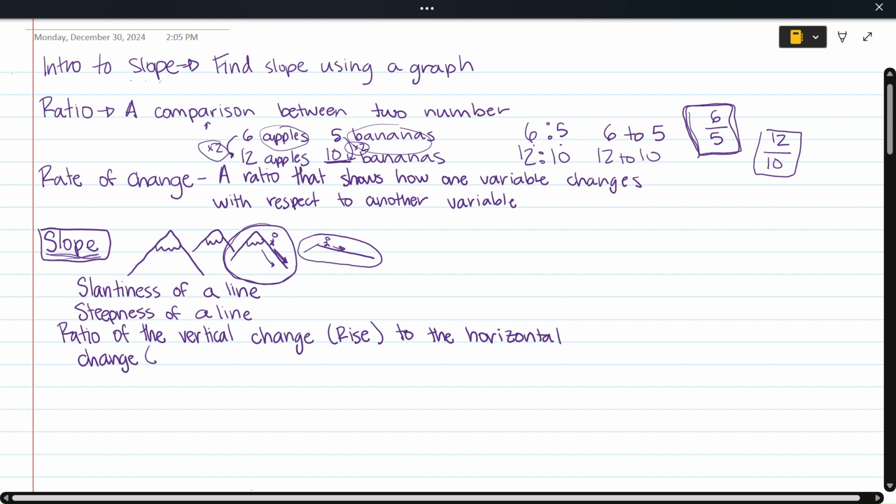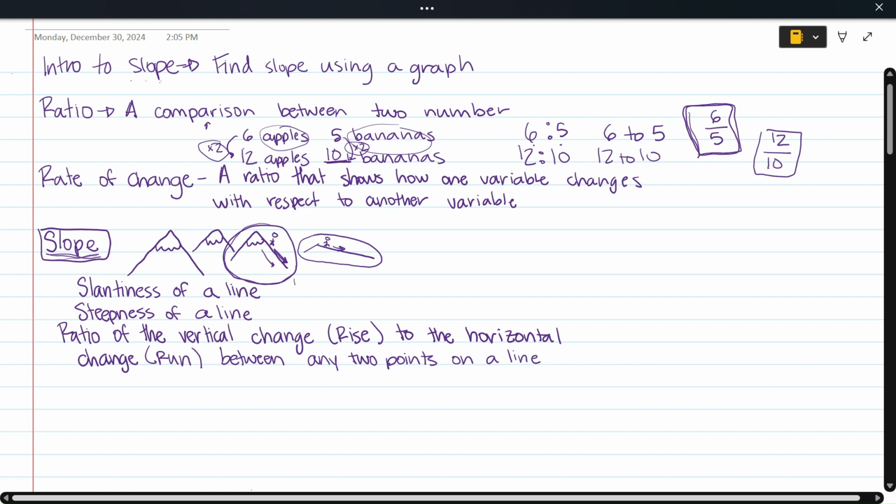When we talk about horizontal change in math class, we often call it the run. The ratio of the vertical change to the horizontal change between any 2 points on a line. And that's our mathematical definition.